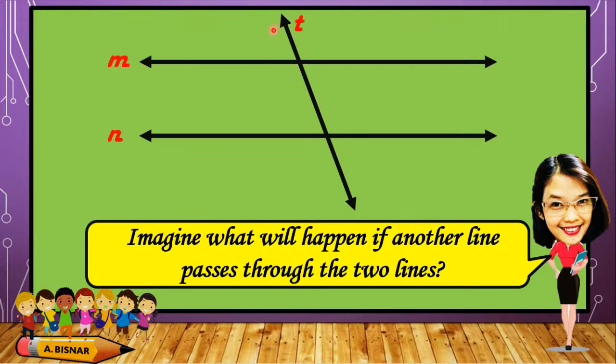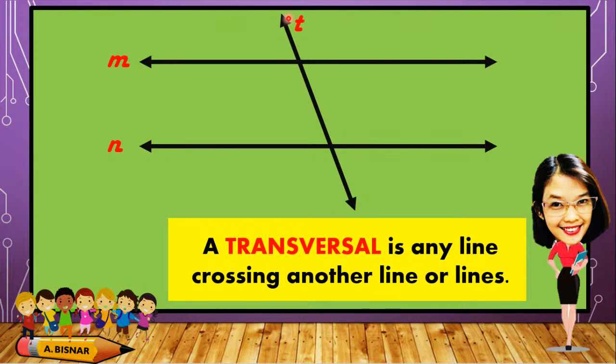Okay, say we have this line. The name of the line is line T. So again, from what you have said, it will form angles. Now, can you see those angles? Okay. So again, the name of the line that passes through those two lines is line T. From this is what we call a transversal line.